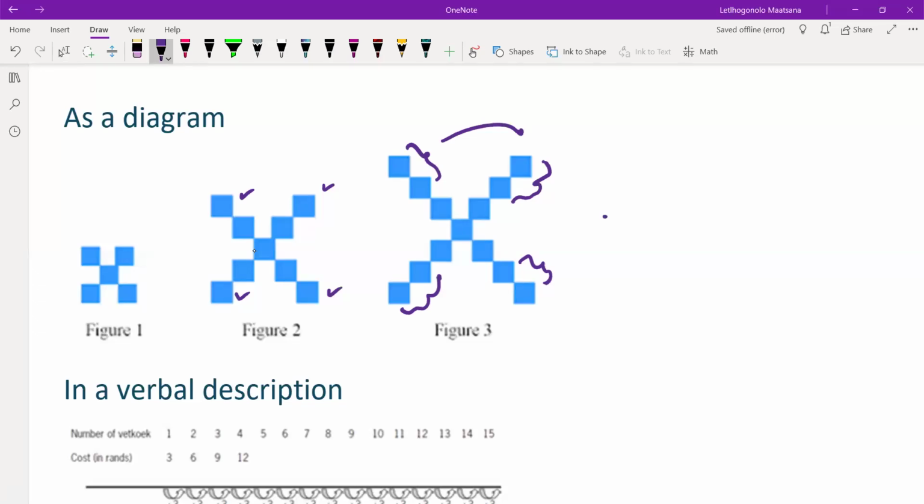So we can expect that the next one will just have 1 more. 1 more here, 1 more there, 1 more there.